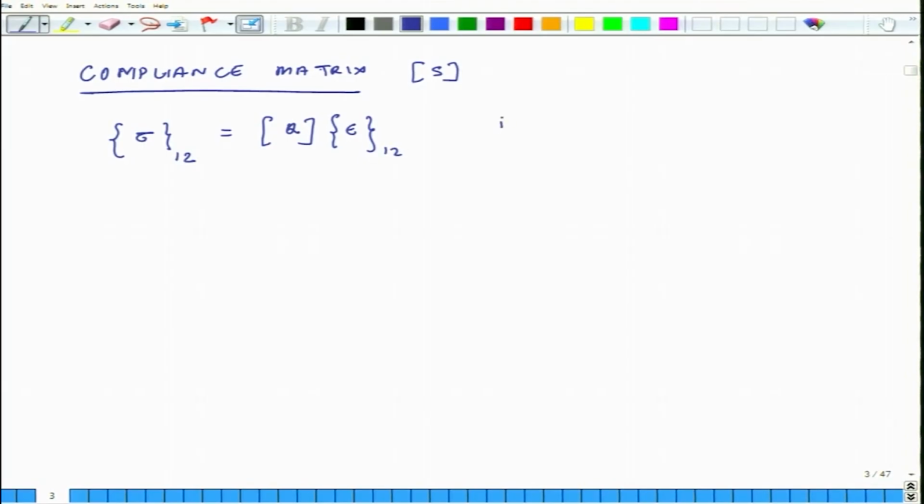This is if material axes are aligned to the loading axis, and there is plane stress.